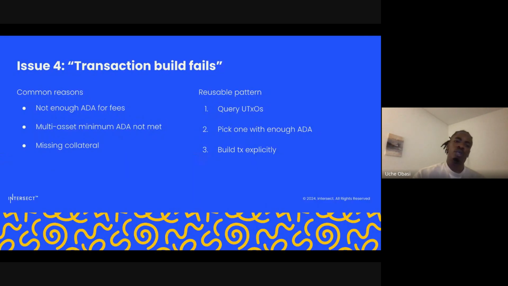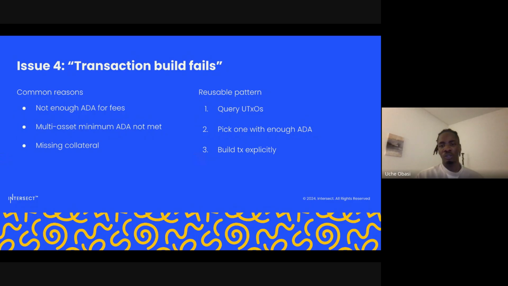Another issue that we experience on the CLI is transaction build fails. This one is very common. You build a transaction and then it fails, and you keep asking yourself, why is it failing? One of the common reasons is not having enough ADA for fees.